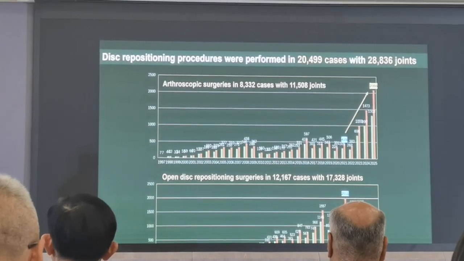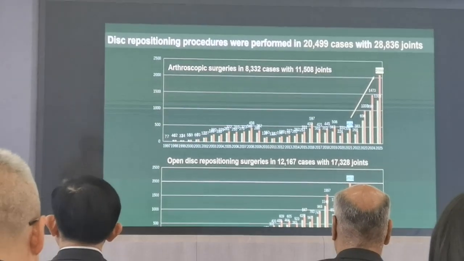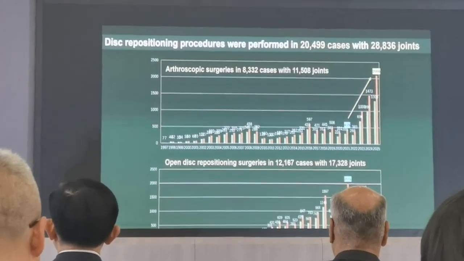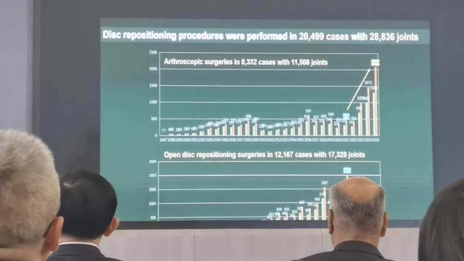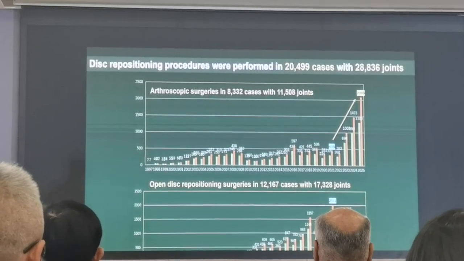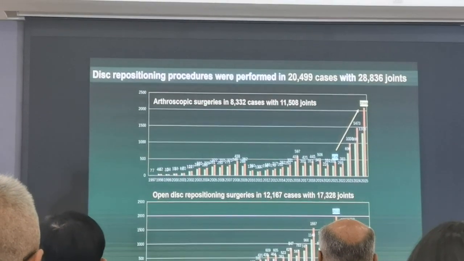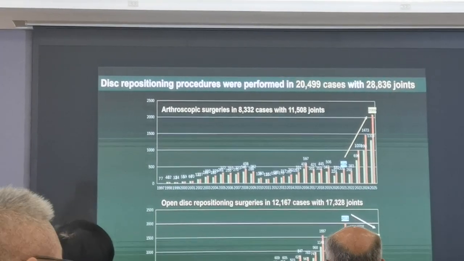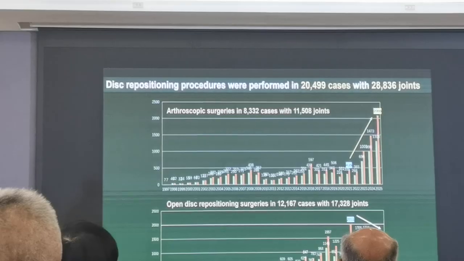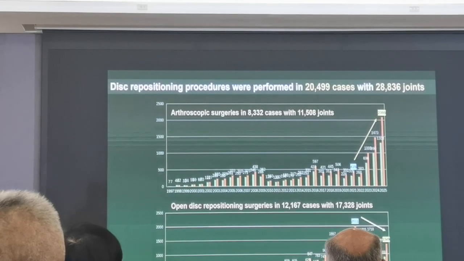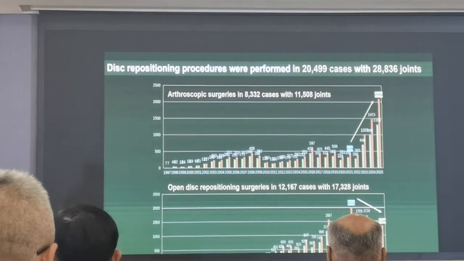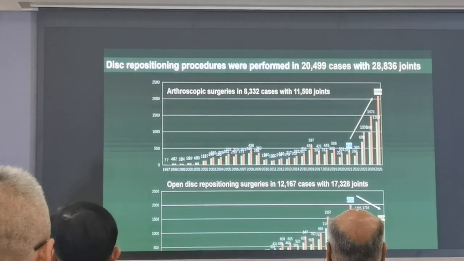What's the meaning? Several of my colleagues also know how to do the discectomy by arthroscopic surgery. So that is why open surgery decreased. Arthroscopic surgery increased because the patients prefer minimally invasive surgery.